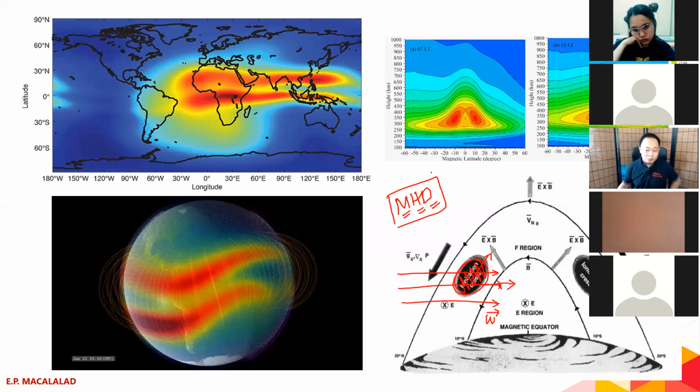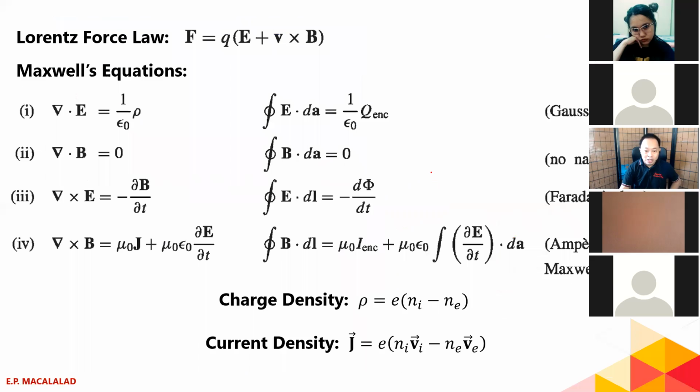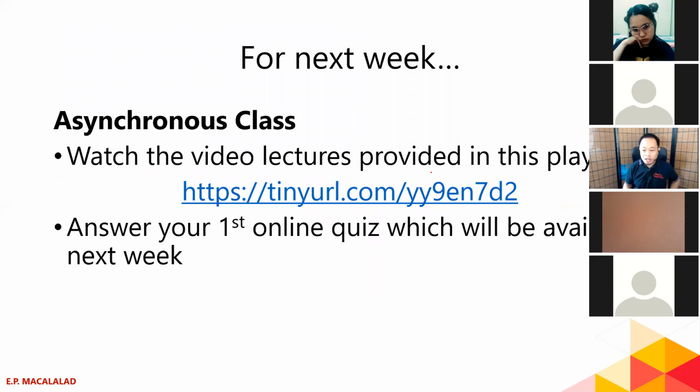Again, this is just the tip of the iceberg, no? Doon sa mga hindi enrolled sa class ko, sa mga nag-sit in, if you want to know more about plasma, a more detailed explanation of plasma physics, you can take a screenshot of this screen and then look at the playlist.